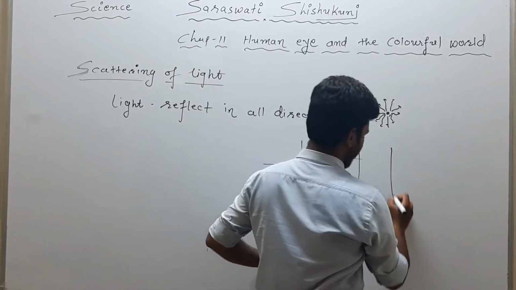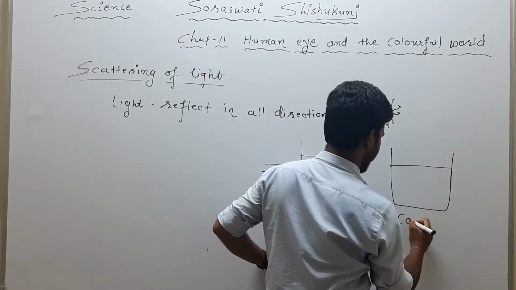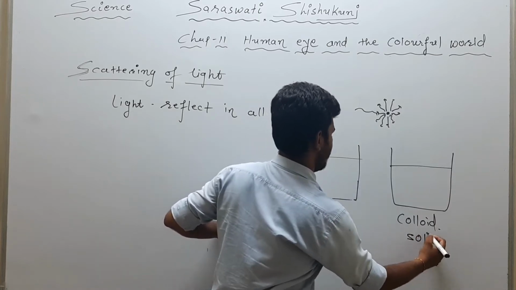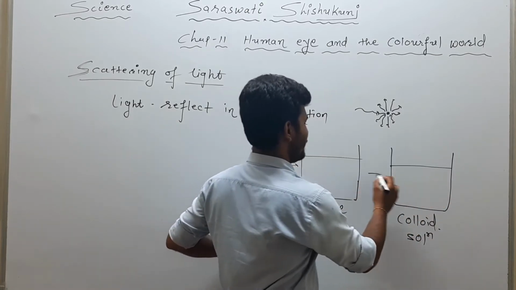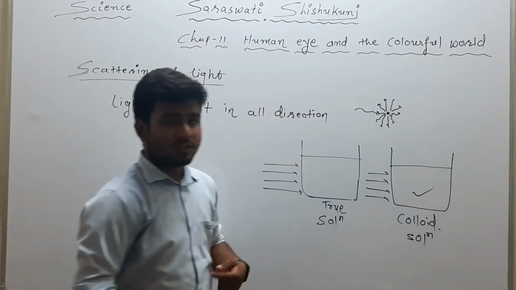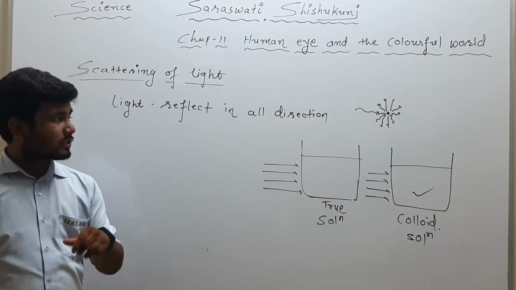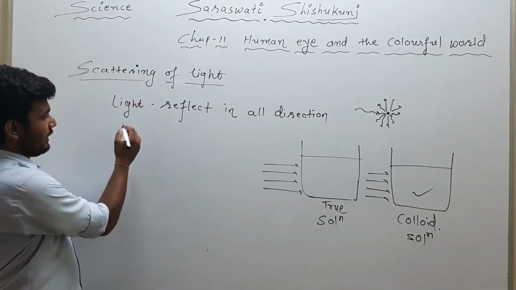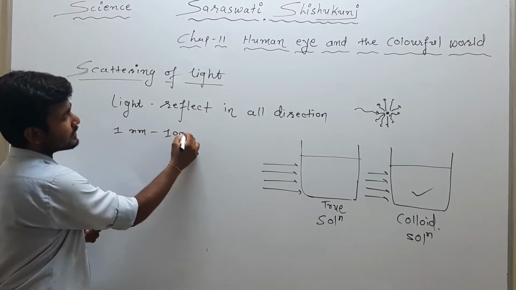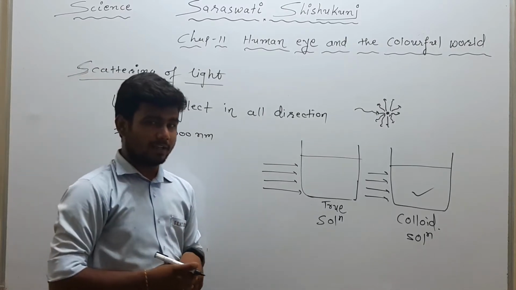But if I have a colloidal solution, in this case scattering of light will take place. So scattering of light is done due to colloidal particles. Now what are colloidal particles? In detail we can say those whose dimension is between 1 nanometer to 1000 nanometer or less than that. So that is considered as colloidal particles.